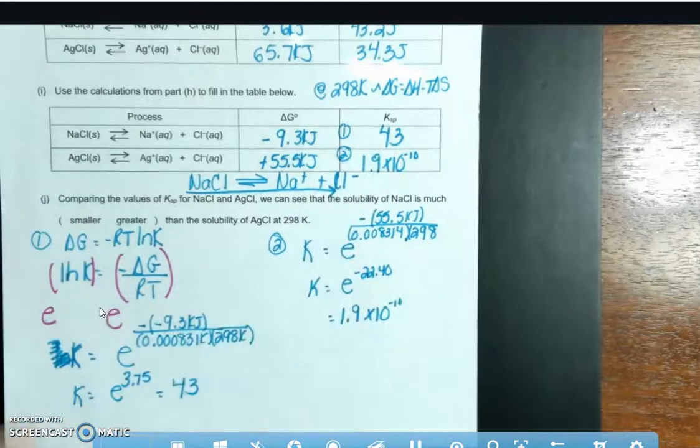In fact, silver chloride is basically insoluble. So all of these numbers are consistent with these, and you should be able to use delta H, delta S, your temperature, delta G, and maybe even K to discuss whether a reaction is favorable or not, and then compare one reaction to another.